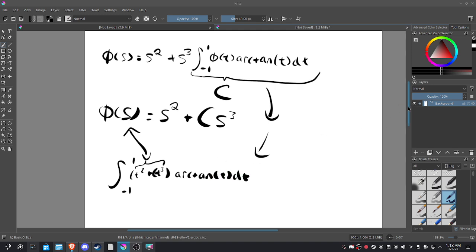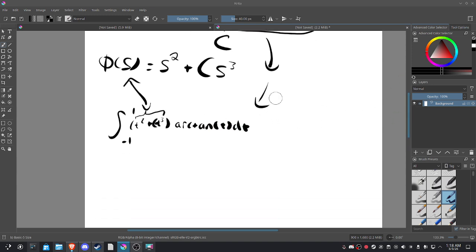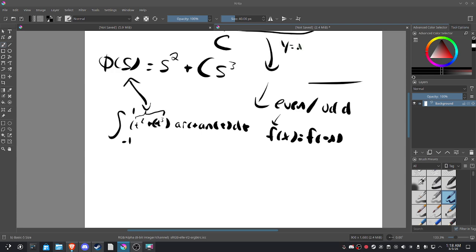Okay, wonderful. So now we need to talk about even and odd functions. An even function is when f of x equals f of negative x. An example of an even function would be, say, y equals x^2.